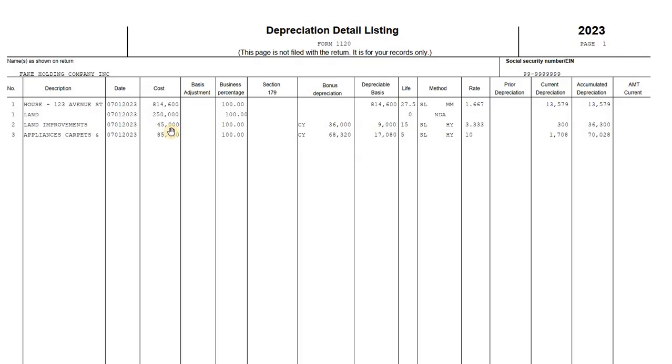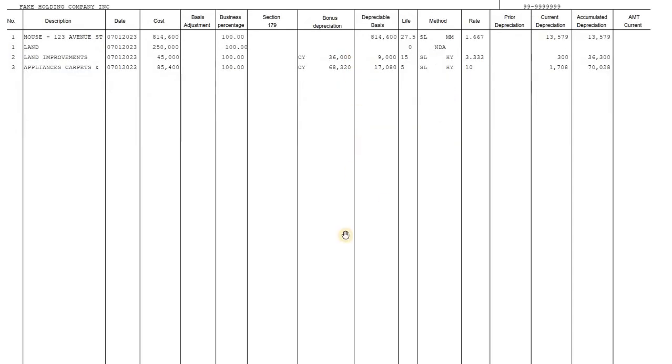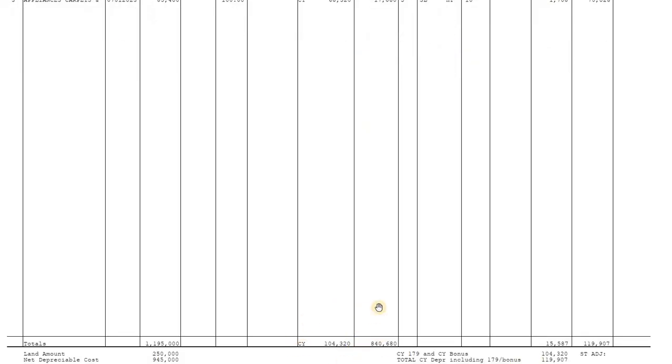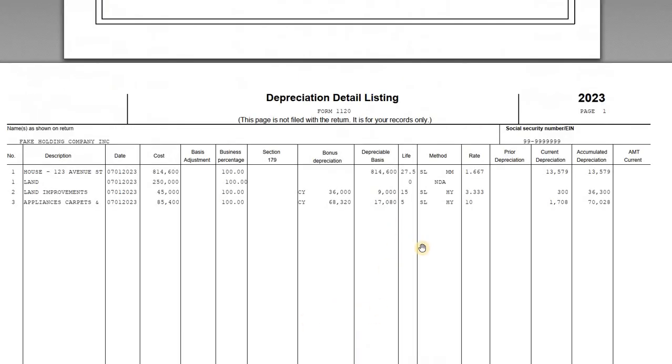So $45,000 is the cost attributed to this line item. The current year bonus depreciation is going to be 80% of that, so $36,000, which reduces the depreciable basis to $9,000. The bonus depreciation that can be claimed this year, those two amounts, results in $104,320. And then we can claim the straight line depreciation for the remaining amount.